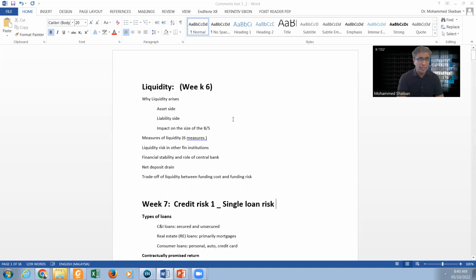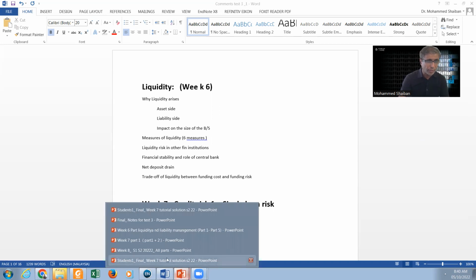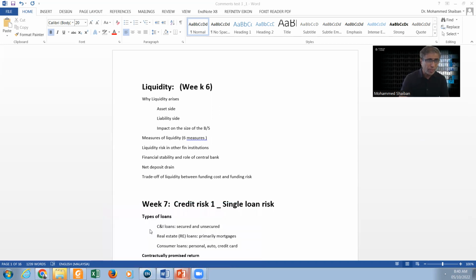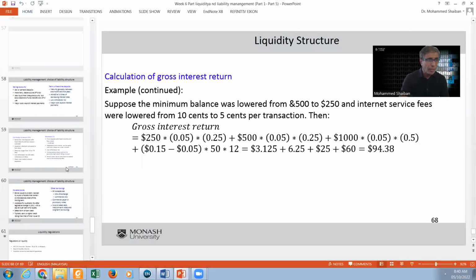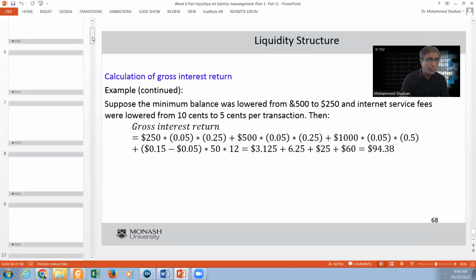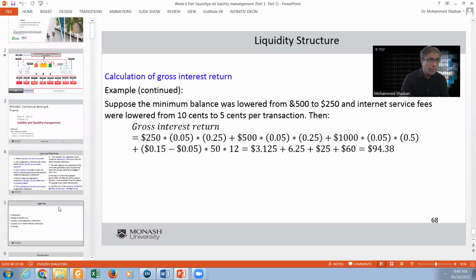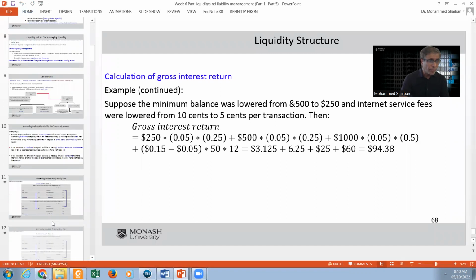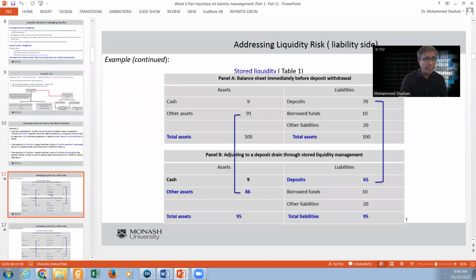Now, this test is covering weeks 6, 7, and 8, which is liquidity. In the liquidity side, I want you to be aware of the first part, the size of the balance sheet and the purchase liquidity.